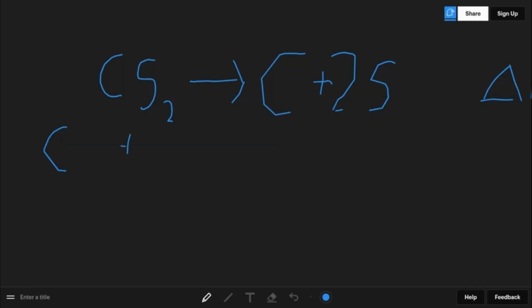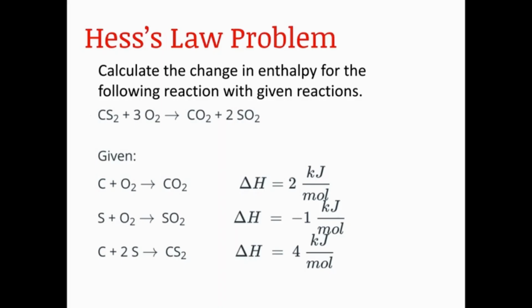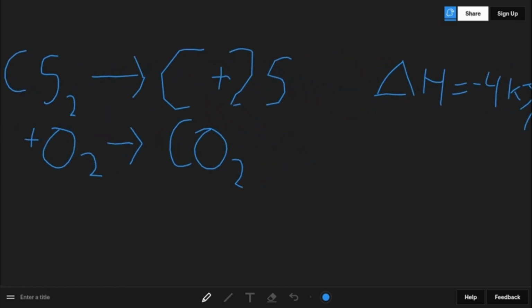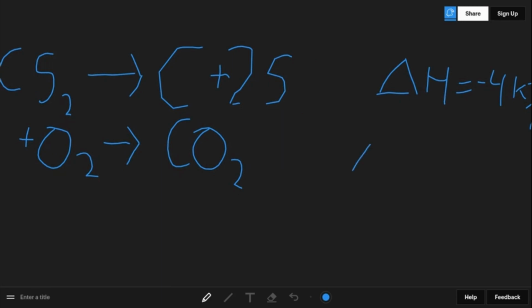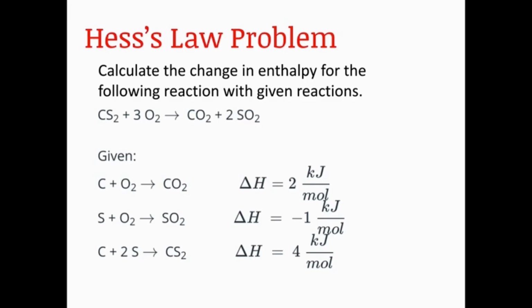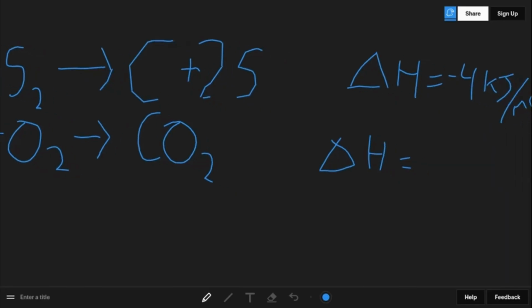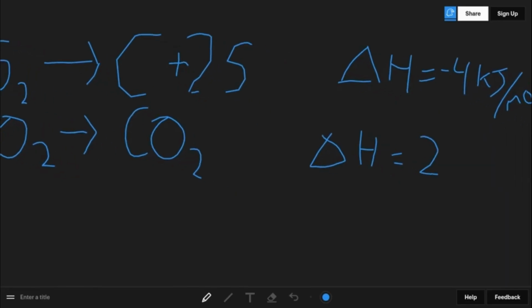So carbon plus O2 yields carbon dioxide, and for change in H, it is positive 2 kilojoules a mole.